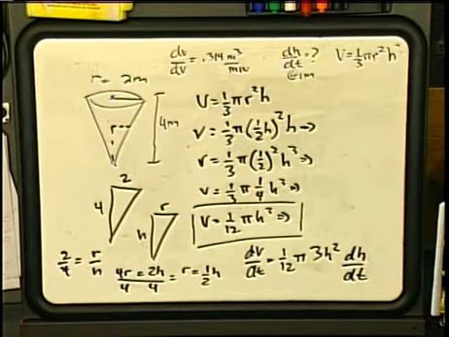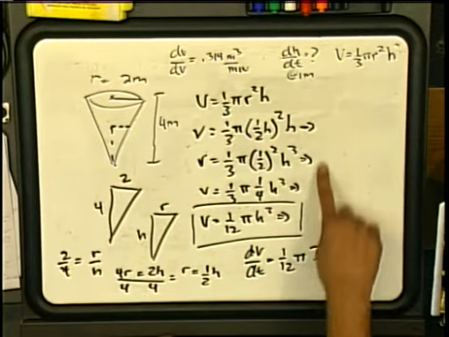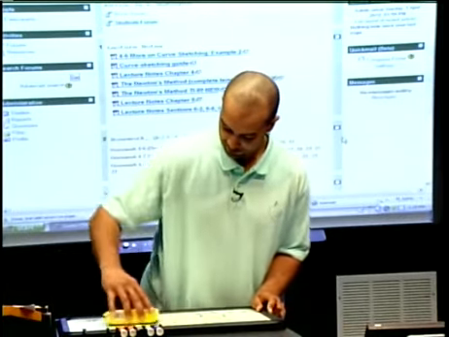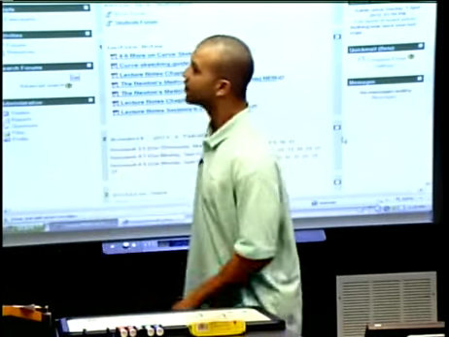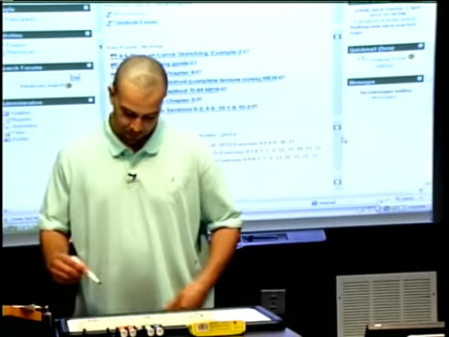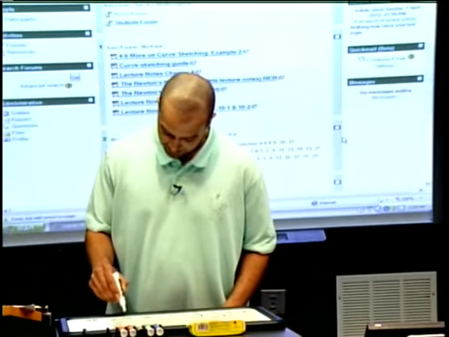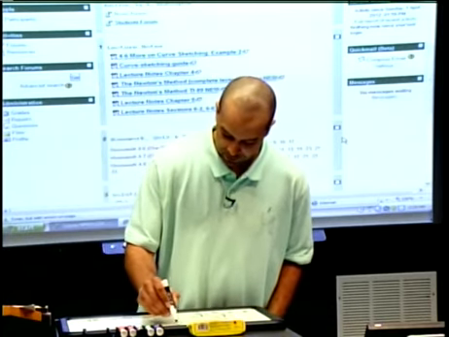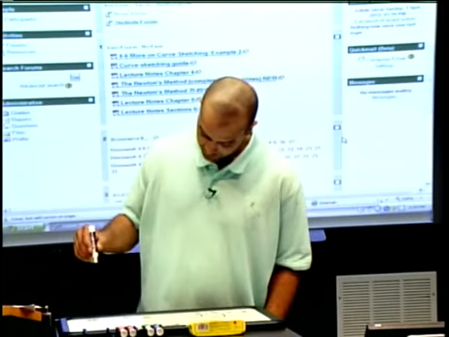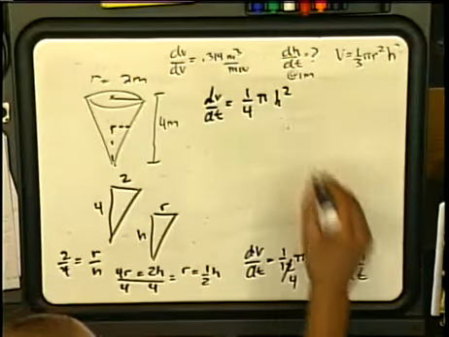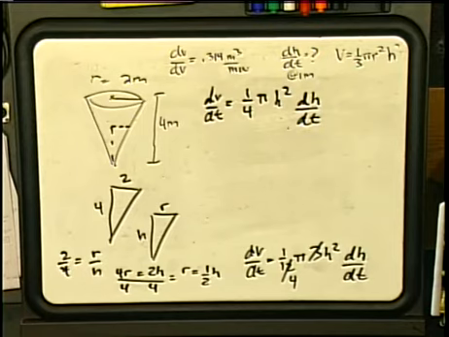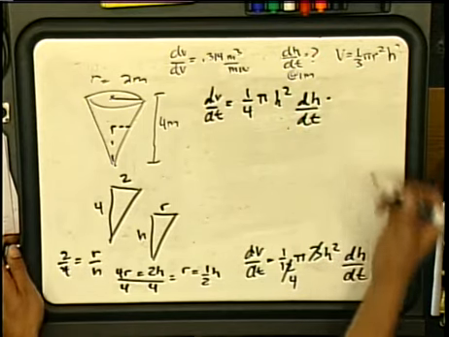And then, can you erase this? dV/dt. You can do this. So dV/dt equals 1/4 pi h squared dH/dt. And then plug in from there. You're looking for dH/dt.